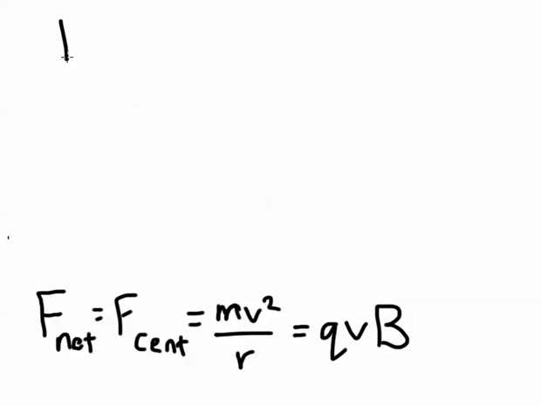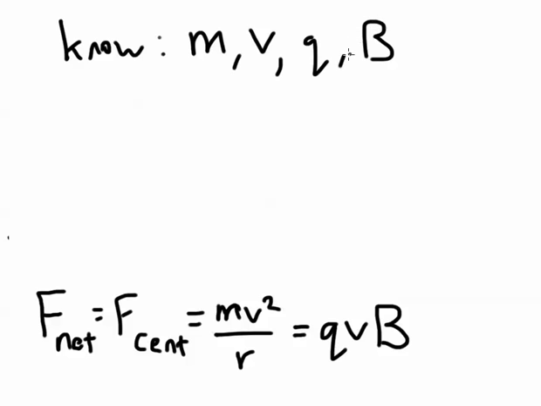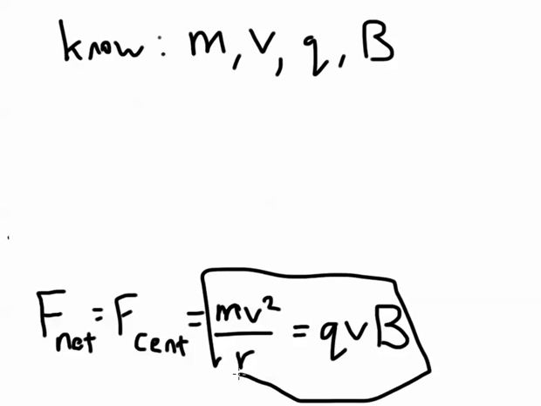So let's say we know the mass of the particle, its speed, and its charge, and the magnetic field. Can we find the radius of the circle that it goes around? Well, we have this equation here. So let's divide both sides by v. So we have mv over r equals qB.